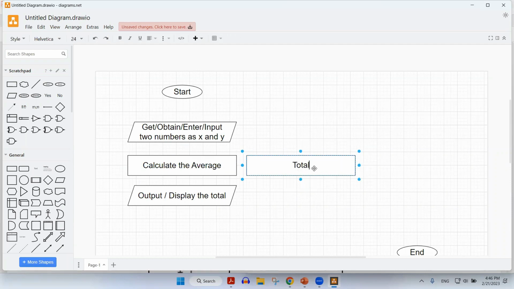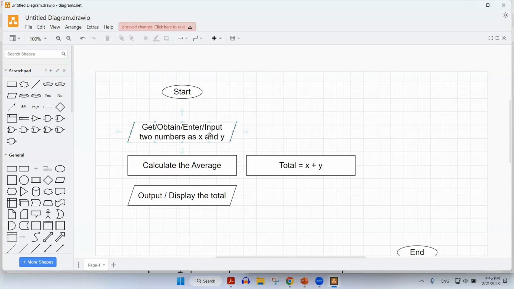You can say like this: total equals x plus y. This kind of thing can also be represented as a process. Doesn't matter. Either the equation way or the textual way, you can represent what you are going to do.